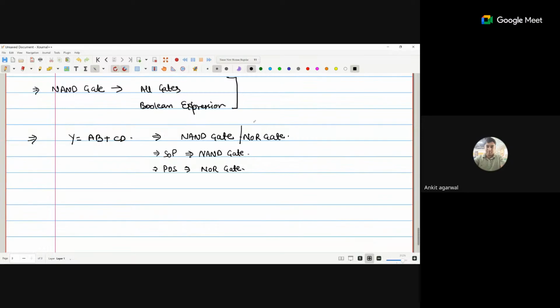Okay? The number of gates is minimum if you implement SOP with the NAND. This is the first thing you have to remember. Second thing, always take a Y bar. Implement Y bar.